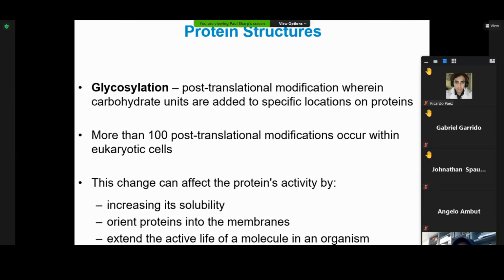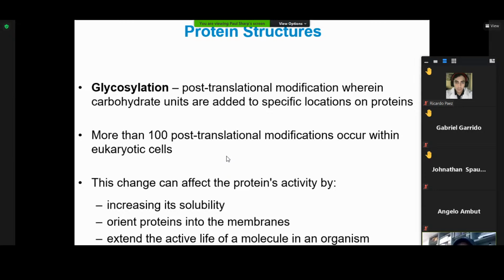It can also be a factor in determining the solubility of the protein, and whether or not that protein is to be oriented into or out of the plasma membrane, for example. And there are over 100 post-translational modifications that occur within eukaryotic cells.